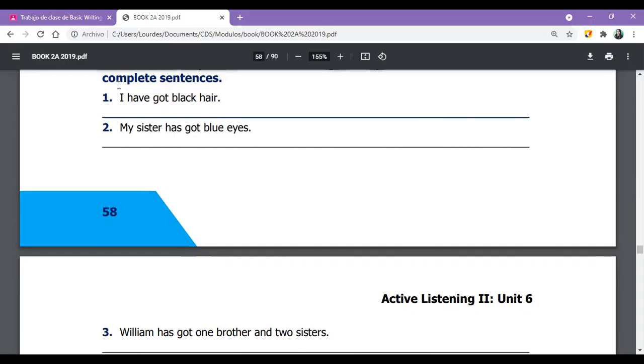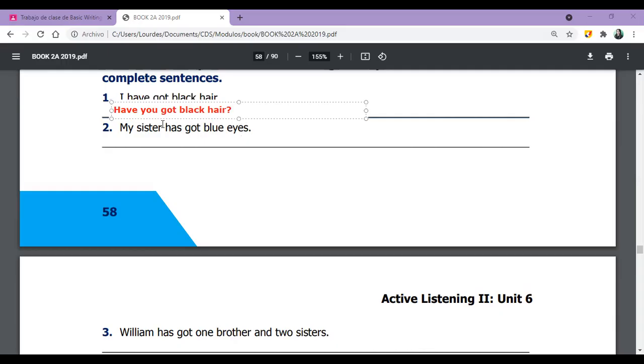Okay, teacher. So let's start. It says, I have got black hair. Question. Sería, have you got black hair? Very good. Have you got black hair? And remember to use the question mark.